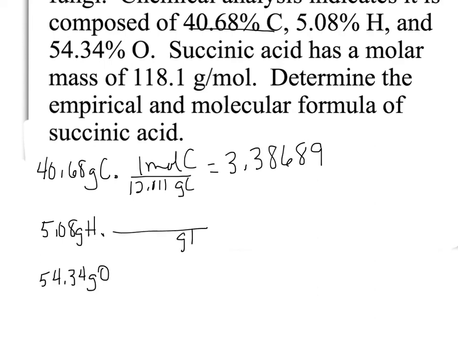We're going to go grams of hydrogen to moles of hydrogen, 1.008 from the periodic table. And we get 5.03968.